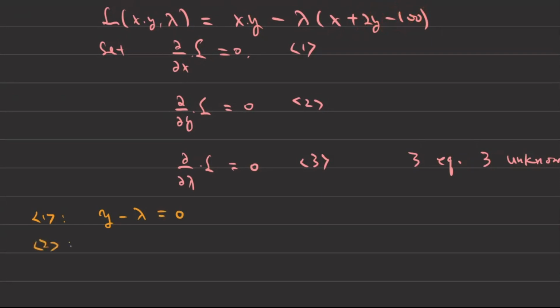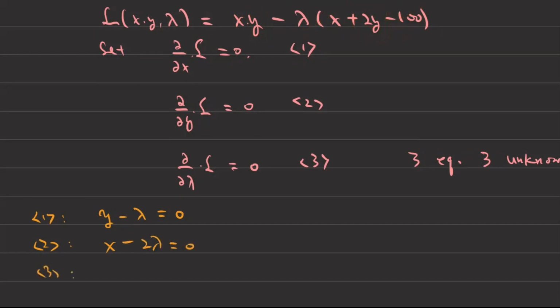Now what's the second equation? The second equation is taking the derivative with respect to y. So for the first term, we're left with x, because y is the variable here and x is a constant. And you look at the second term, x goes away, 100 goes away. We're left with the term in the middle, which gives a constant of 2 lambda. So that is subtract 2 lambda, and that's set to 0.